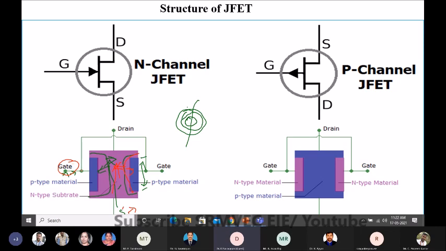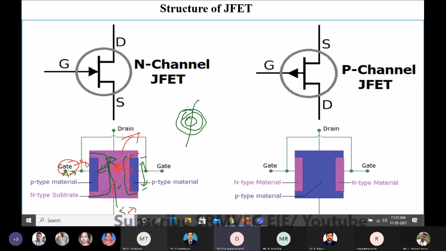So the gate acts as a control, and the drain takes out all the carriers. So this is how it is constructed at the depletion layer, and the barrier potential plays the major role here.